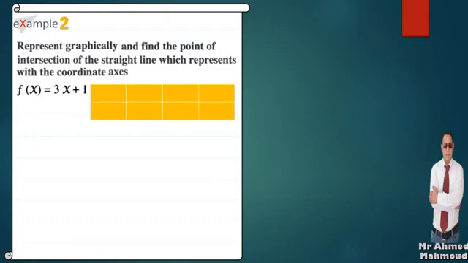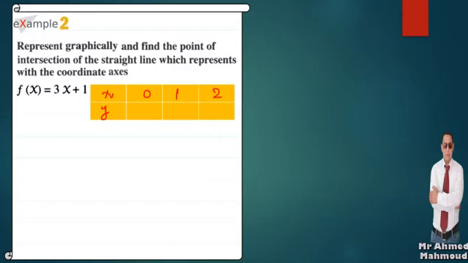Inside the table we are going to write x here and y here. y means f of x. Okay, then at x we are going to write 0, 1 and 2.